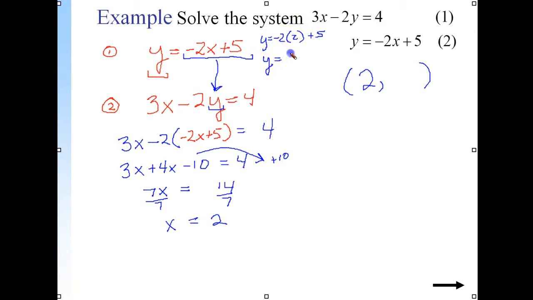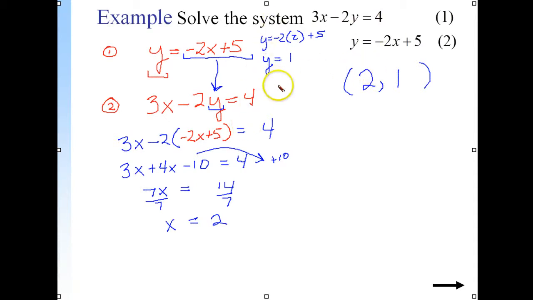Y will equal 1. So my ordered pair, if I were to graph these equations, they would intersect at this particular ordered pair point. And if I put this into both equations, it would prove true.